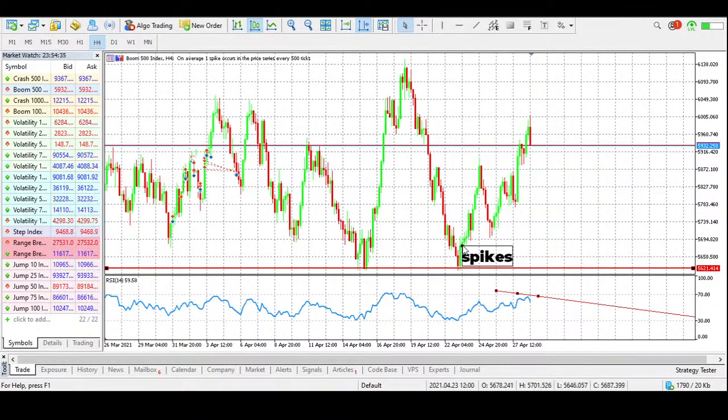You're going to trade for spikes. But remember, this point is the last peak.